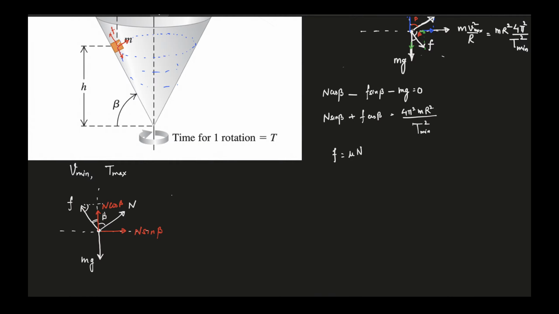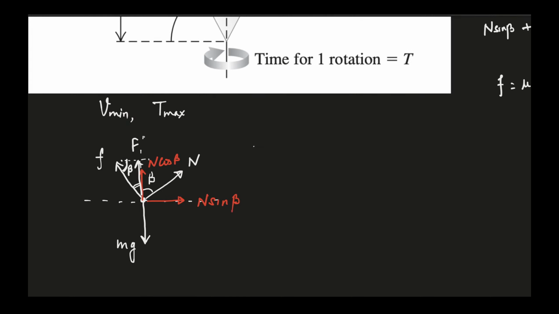Similarly, you will now split your f. This angle is beta, remember. So the component opposite this will be f sin beta, and the component of f this way is f cos beta.